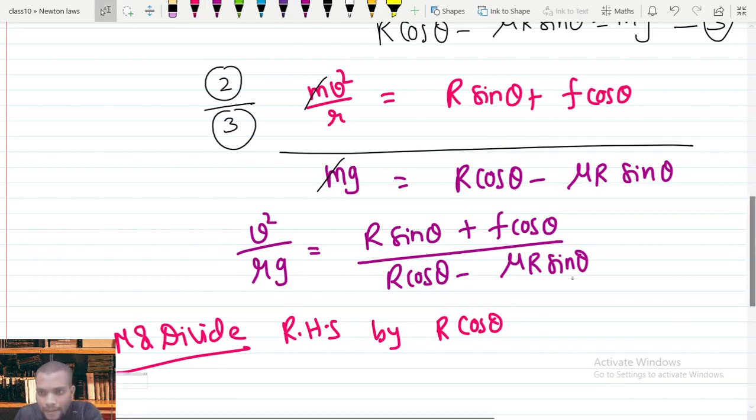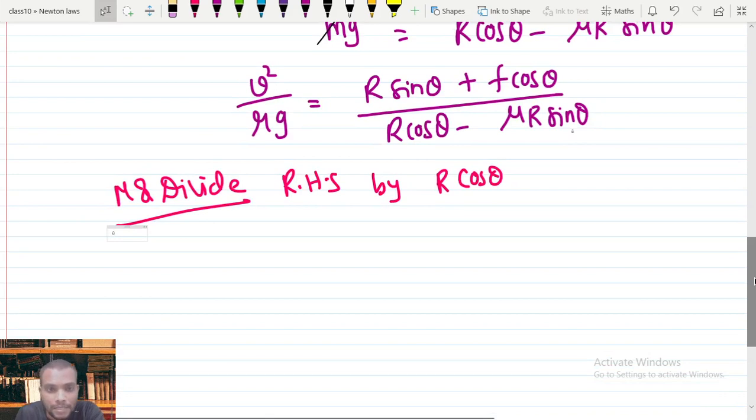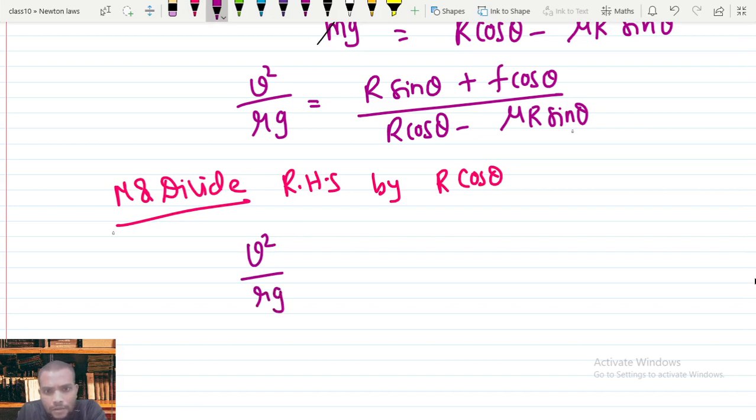If you multiply and divide the RHS of the above expression with R cos theta, the equation is going to change as v square by rg, which equals... a little correction.